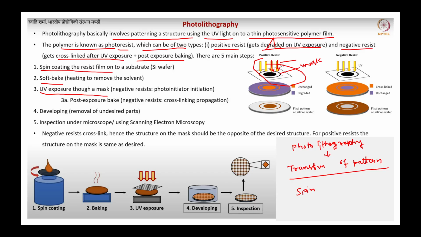This purple color will get degraded when exposed to the UV, and only where the UV cannot pass will it remain unchanged. So in the final pattern, you will get only this. This will be your end result.